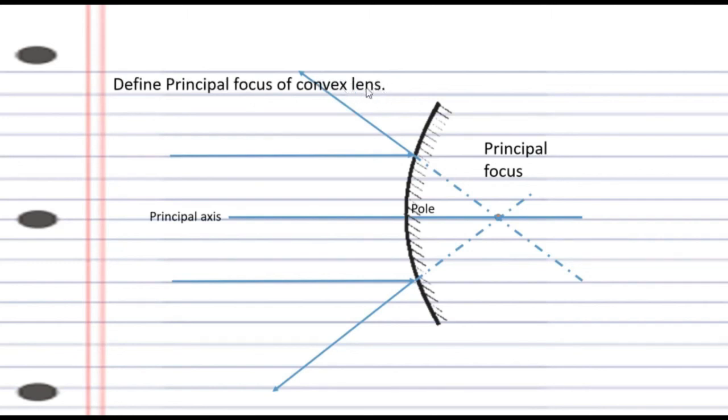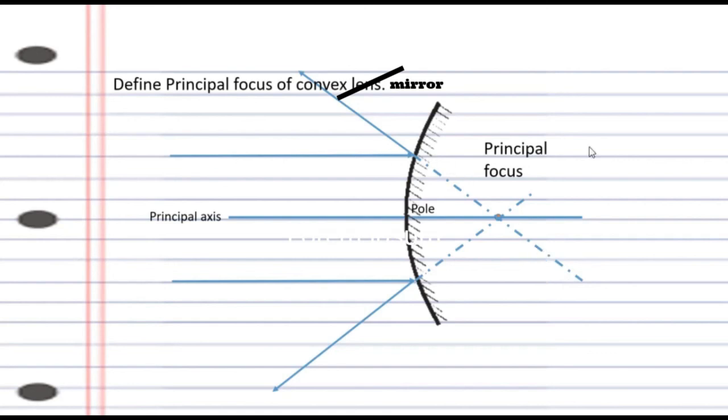This is a mirror, not a lens. If at all I have used the word lens, you have to correct it to mirror, right? Let me correct this also in the video editing. Okay, now how will you define the principal focus of a convex mirror?